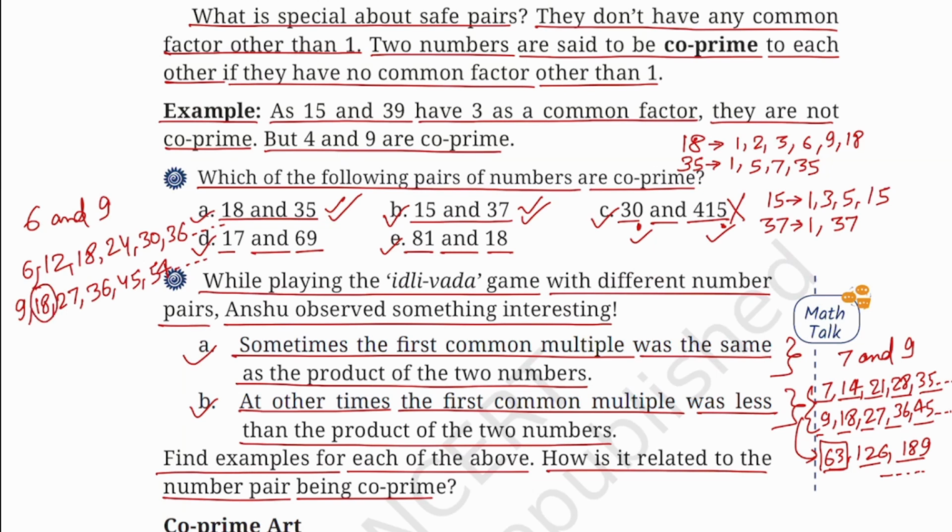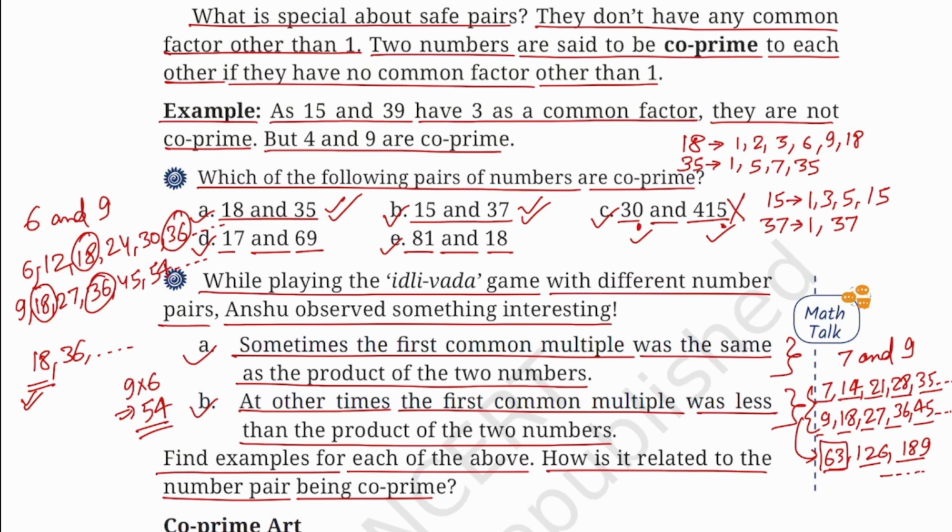At the common multiples, that is 18, 36 and so on, idli vada will be said. You can observe that 18 is the first common multiple of 6 and 9 at which idli vada will be said, which is less than 6 into 9, that is 54, the product of 6 and 9.